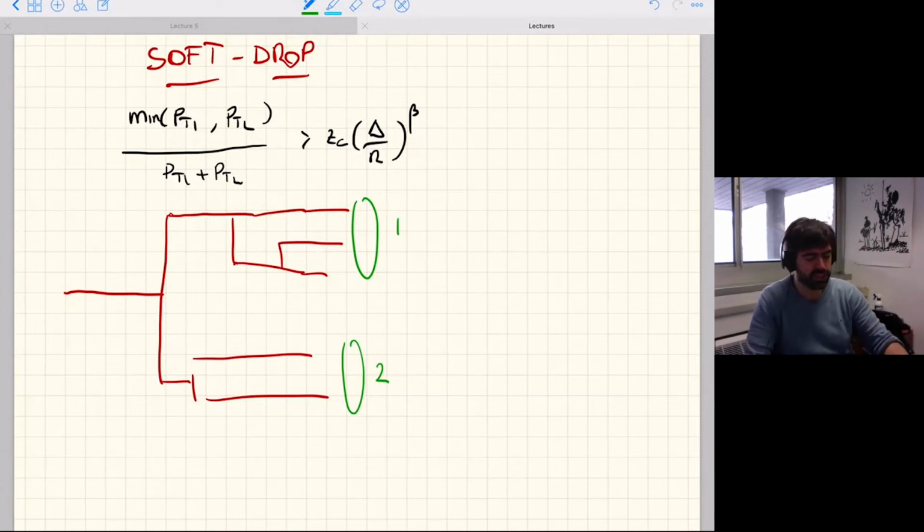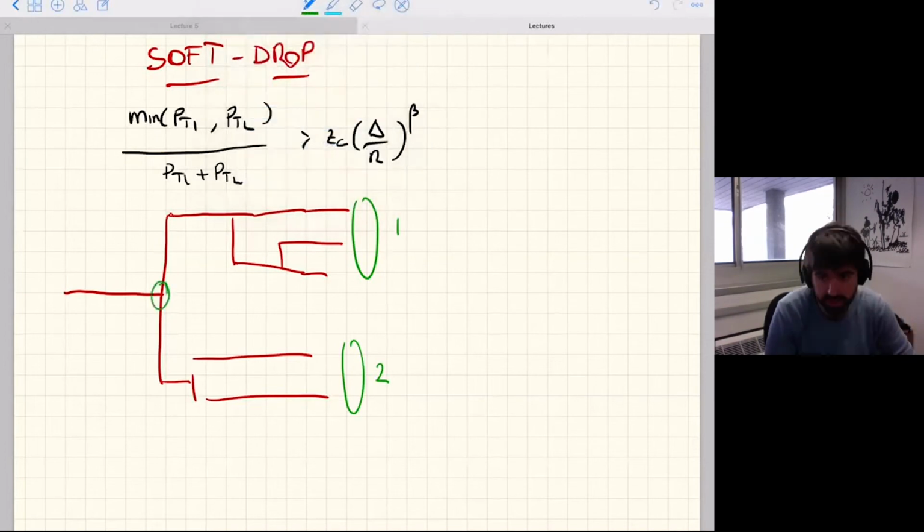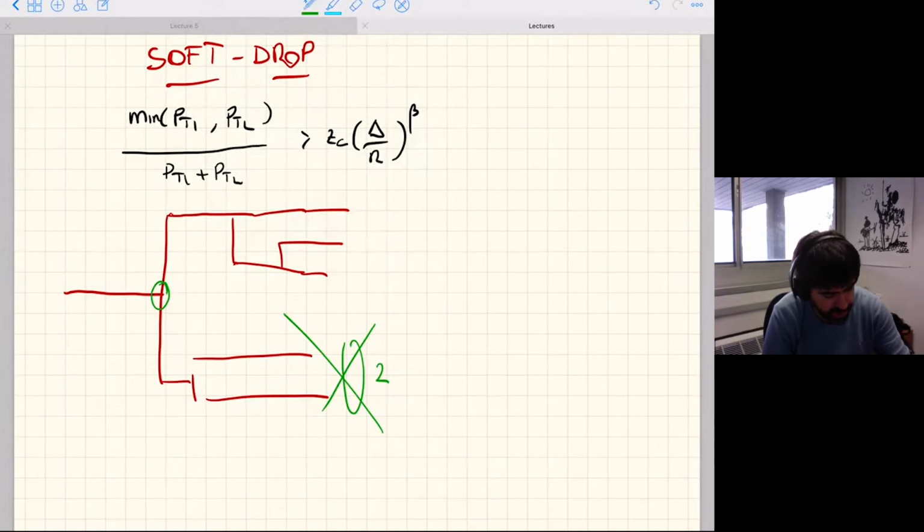If this condition is satisfied, it means that there is a balance. This jet is made up of some hard stuff. In particular, it means that this splitting was hard. So if this passes soft drop, then we're happy. If it fails, let's say the 2 is very soft or at large angle, so this condition fails, then I remove this guy and I iterate on the remaining part of the jet.